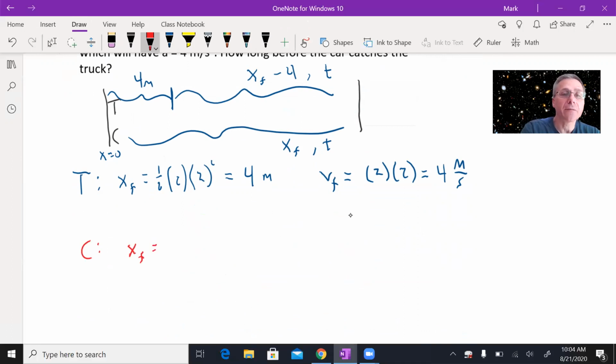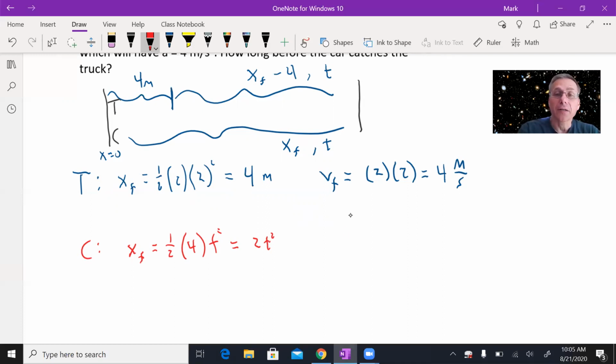It has x final equals 1/2 times the acceleration of the car, which is 4, times t squared. We don't know how long it's going to take to travel that distance. It starts off at rest, and it starts off at 0 position. That's all we have for the car as far as that distance traveled.